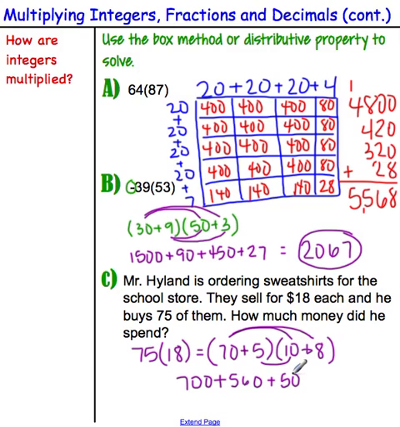And 5 times 8 is 40. Well, I see that I can group 560 plus 40, which is 600. 700 plus 600 is 1300. Plus 50 is $1,350.